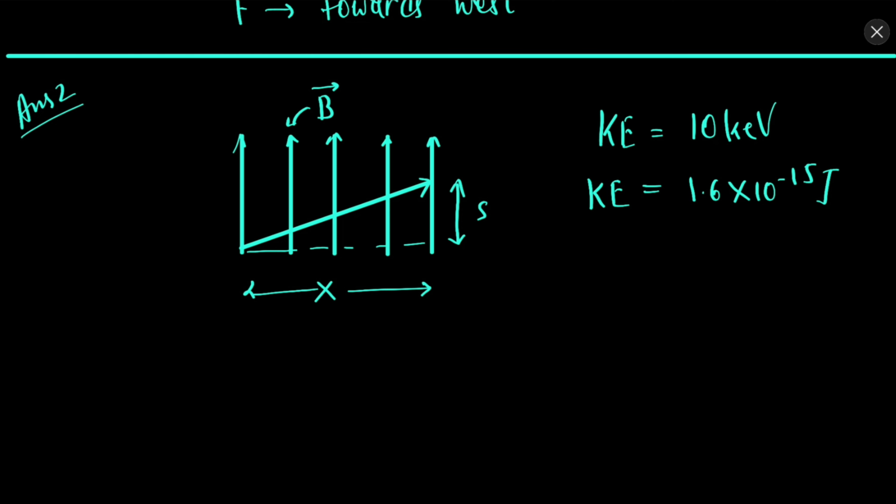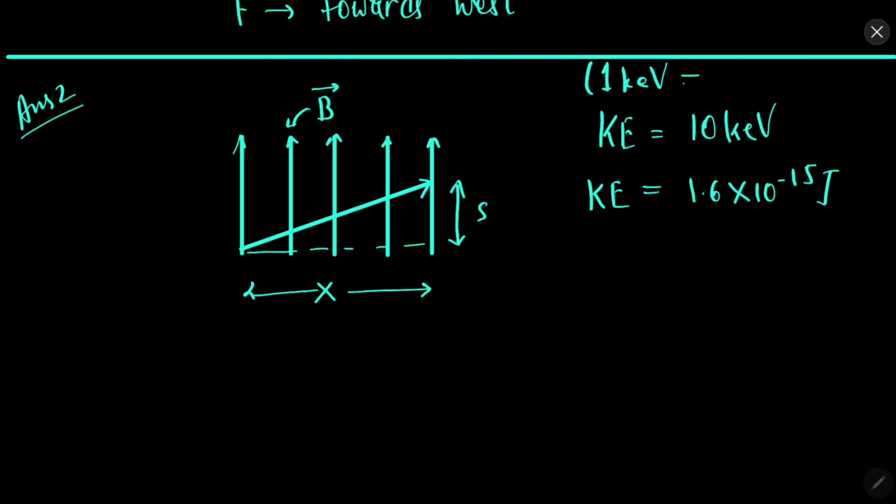So this is kilo. This conversion we have used here. Next, magnetic field is 1 into 10 to the power minus 7 Tesla.